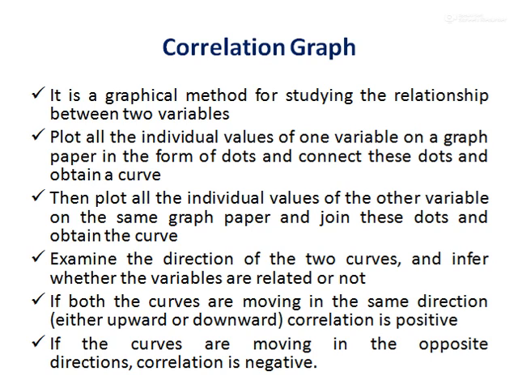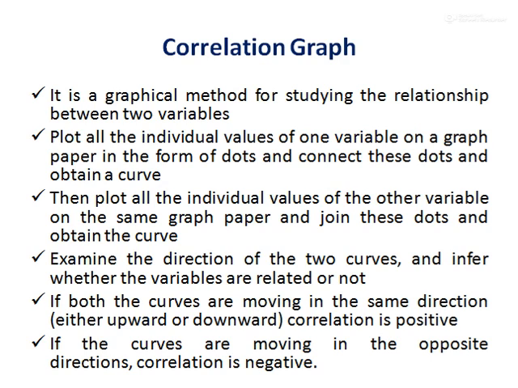What is the procedure of correlation analysis under the graphical method? At first, we have to plot all the individual values of one variable on a graph paper in the form of dots. Then connect all these dots and obtain a curve.